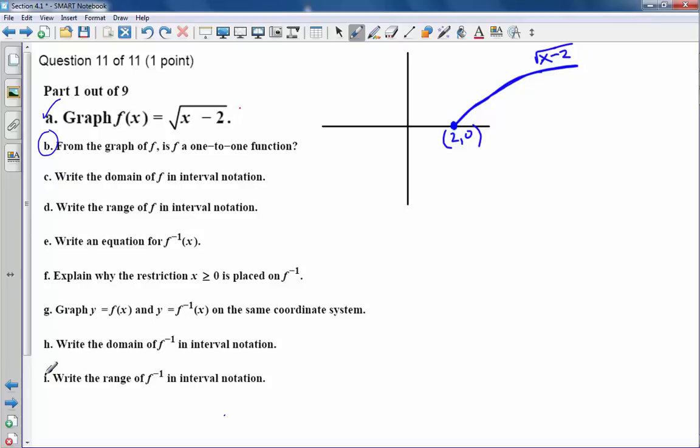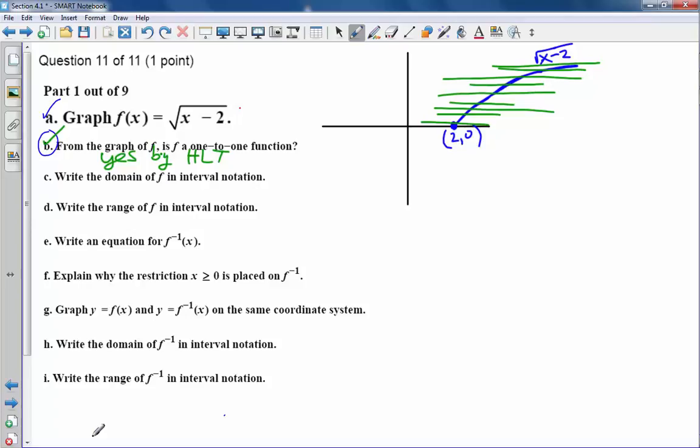You have the graph, so scan it with horizontal lines and see if you cross it more than once. Can you ever cross it more than once? No. This is a good one. It's a one-to-one function, yes. Tell me how you decided that: by the horizontal line test.